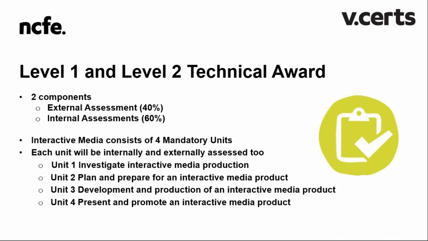Interactive media has got 4 units. They're all mandatory units, and each unit will be internally assessed with the coursework. So there are 4 internally assessed units. All of these 4 units, though, are also externally assessed. Content from those will appear on the invigilated external assessment.